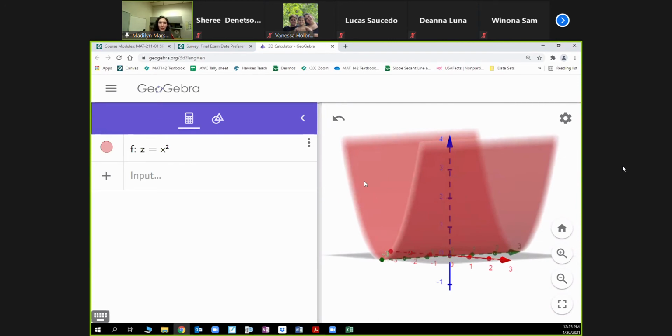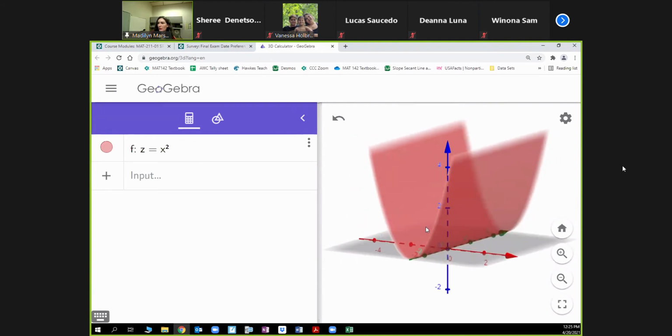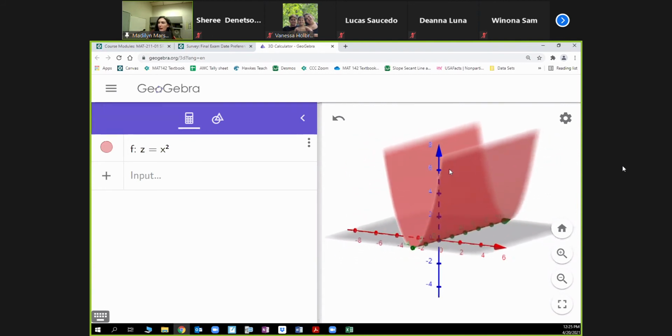So this is like if we took a sheet and we're able to morph it into this parabola shape. And if I zoom out, that parabola shape is still there. So these little edges on top are going to keep going out forever, just like a parabola would, but now it's a surface rather than just like a curve on a line.